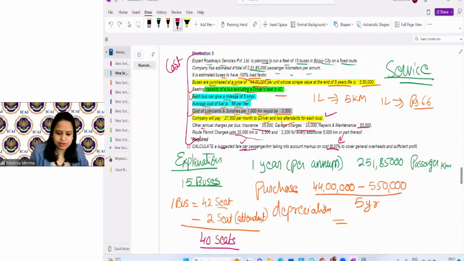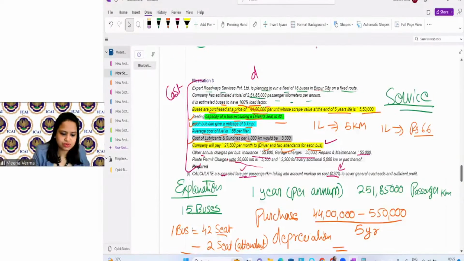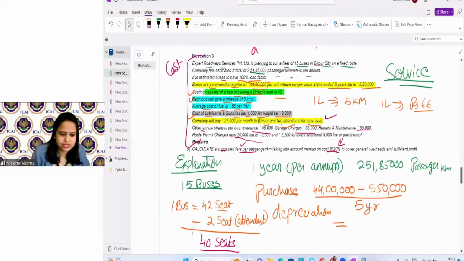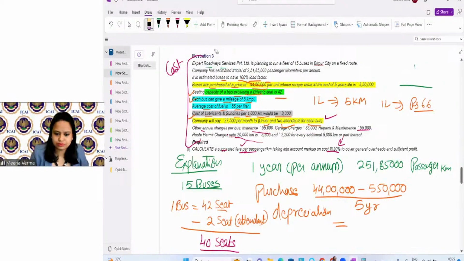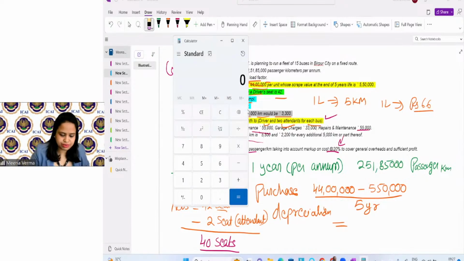Okay, so what will be the depreciation here? I'll write depreciation here because I need space to solve the question. What will be the amount of depreciation? Give me 1 minute, let me calculate the depreciation.